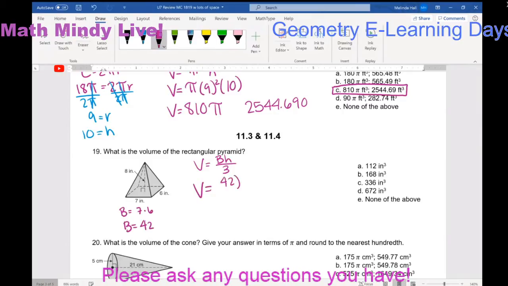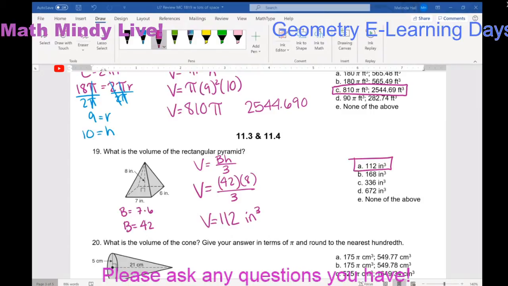Then that would be 42 times the height, which is 8, all divided by 3. 42 times 8 divided by 3 on the calculator gives you 112 inches cubed. And so that would be answer choice A. Oops. If my pen wants to work, there it goes. Okay.